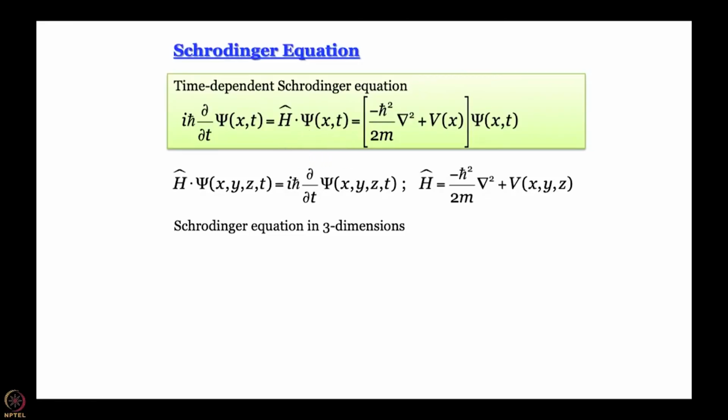We will come back to what H hat is. What is H hat? It is important to understand that. H hat is the Hamiltonian operator and it is given by minus h cross square by 2m del square, where del square is del 2 del x2 plus del 2 del y2 plus del 2 del z2, plus V of x, where V is the potential energy.